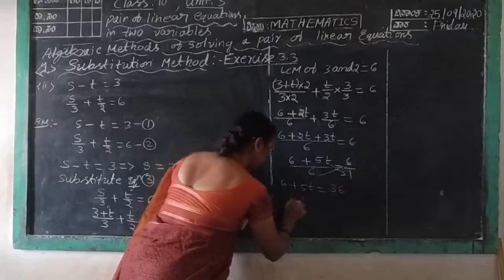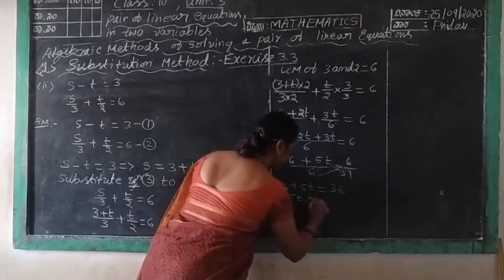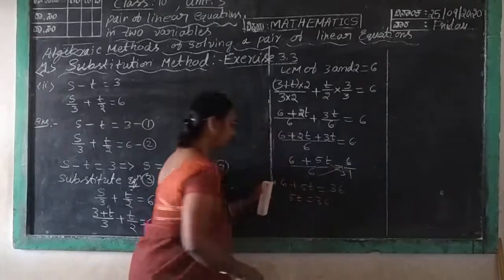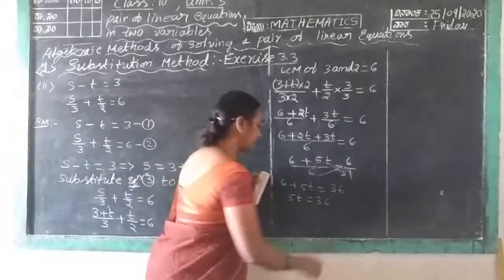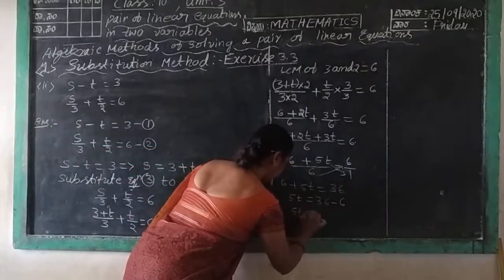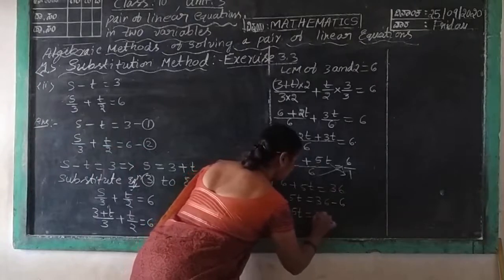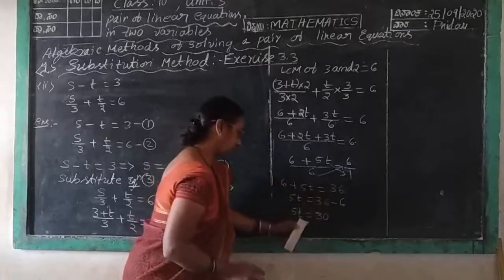Then 5t is still there. Then 6 is shifted to the RHS. It changes from plus 6 to minus 6. Then 5t is equal to 30, since 36 minus 6 is 30.